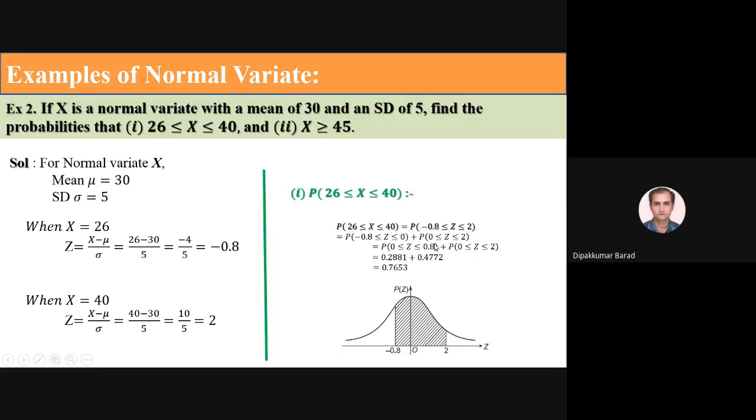Now this 0.8 you have to look up in the table. So I get 0.2881. I have already attached the normal table with this meeting, so you can open the table and look at this value for 0.8, which gives 0.2881. And for z equal to 2 you get 0.4772.